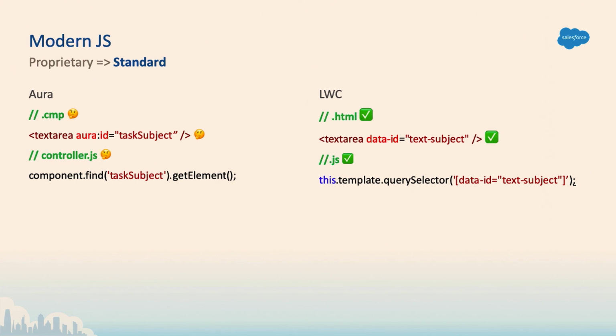And lastly, if we want to actually get the DOM element, we need to do component.find, pass in the Aura ID, and then .getElement. So again, all proprietary APIs that we need to hook into, we need to learn. Now we can just do this.template, which references the template that the JavaScript is referring to, and then we'll just use querySelector and get our text subject.